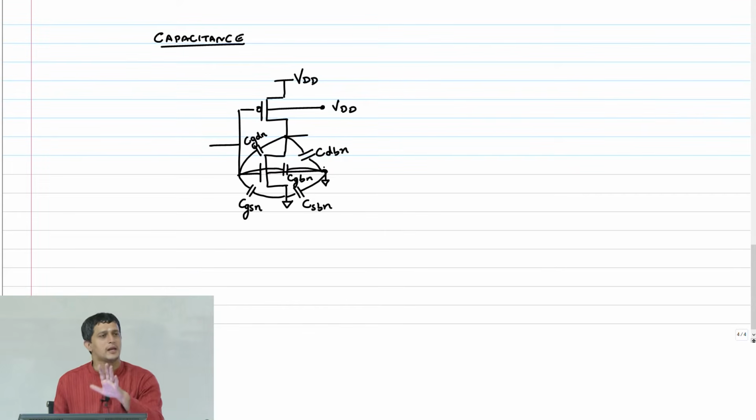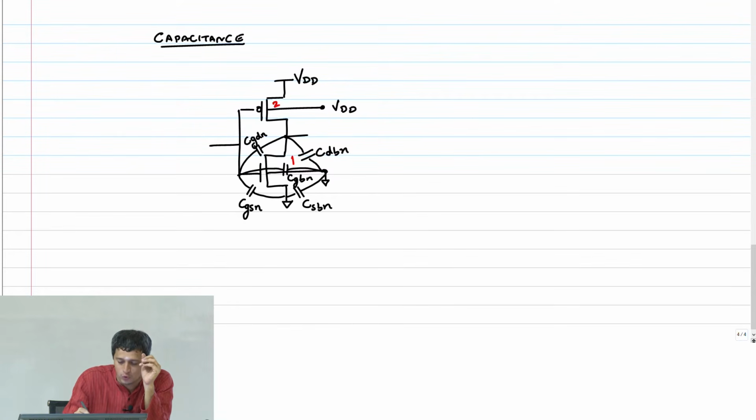Similarly, I have capacitances on my PMOS transistor as well, the same number of capacitances. The only difference is because this is size 1 and this is size 2, the capacitance now will become twice.